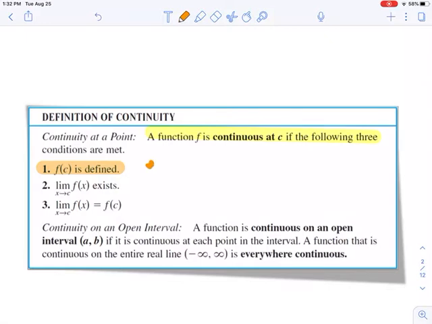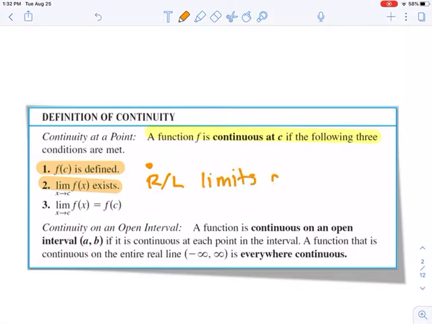So the first thing is that f of c is defined. This is just the coordinate. Does the function have a coordinate at whatever this x value is? That looks better. Okay, next, the limit needs to exist.